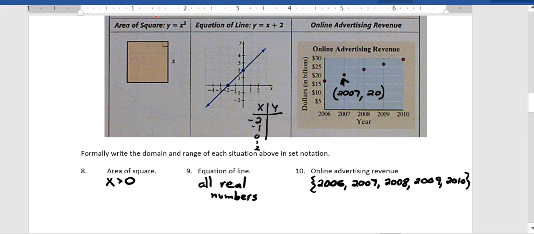So if we're thinking about area of a square, we've already identified that the sides of a square have to be greater than 0, any positive number. Remember, area is side times side, which is the equation up there, x squared. What values can area take on?